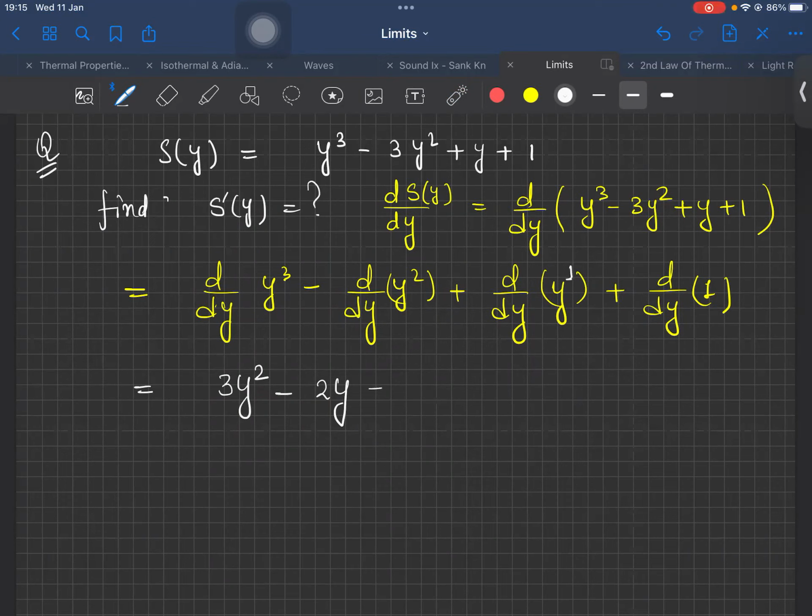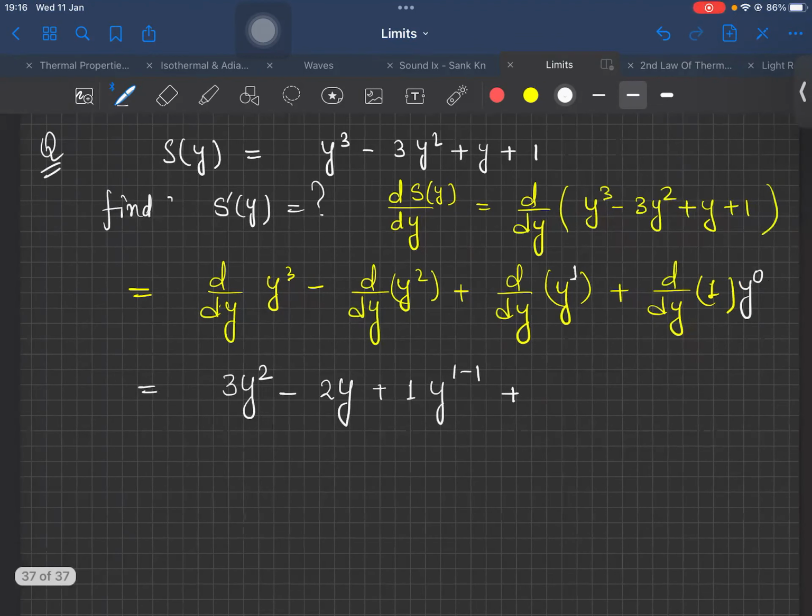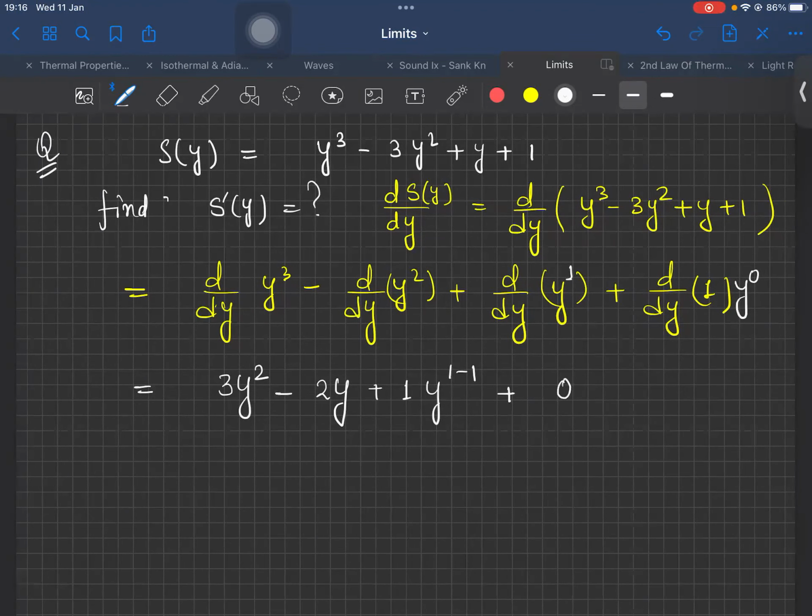So this will be plus 1 times y to the power of 1 minus 1, and here the power is y to the power of 0. But we don't usually do it like this. If you want, you can write it like that as well, but usually we don't do that.